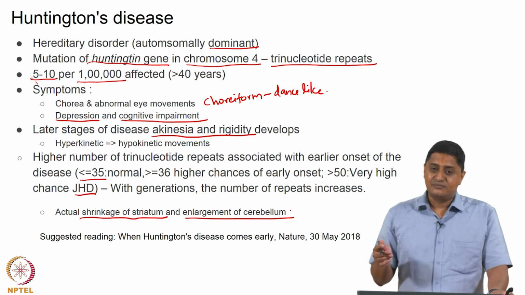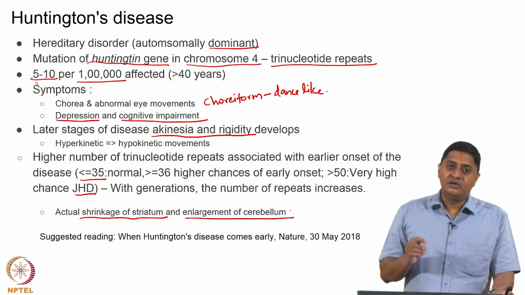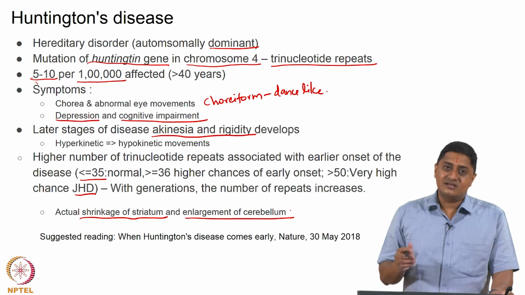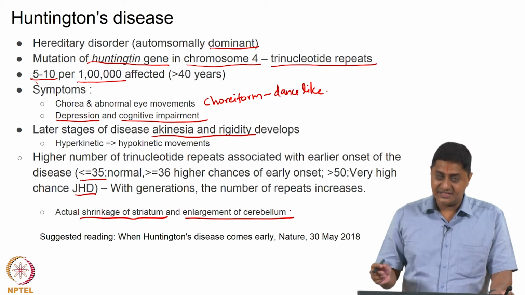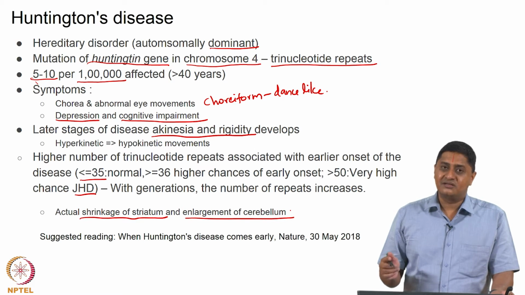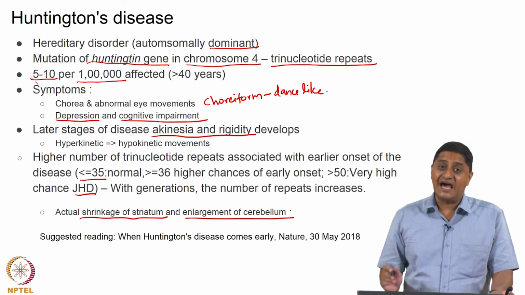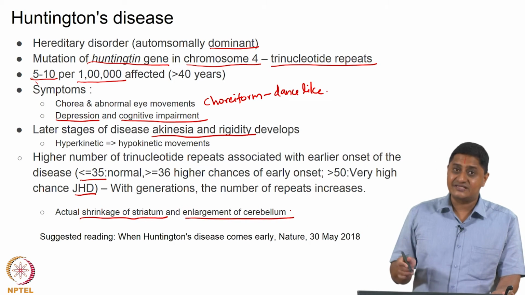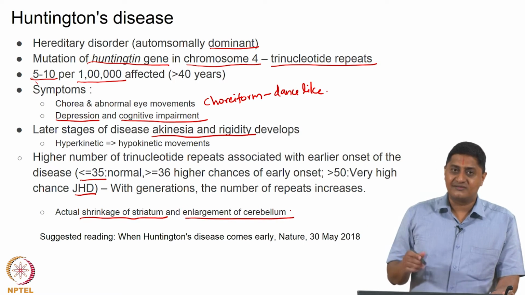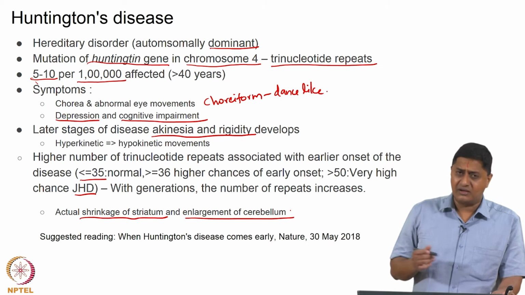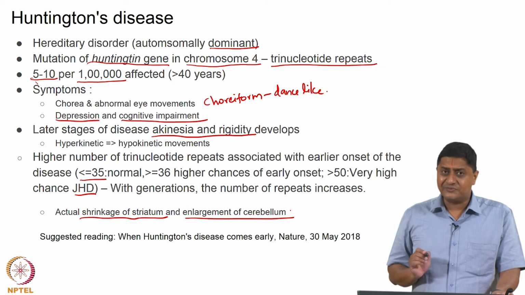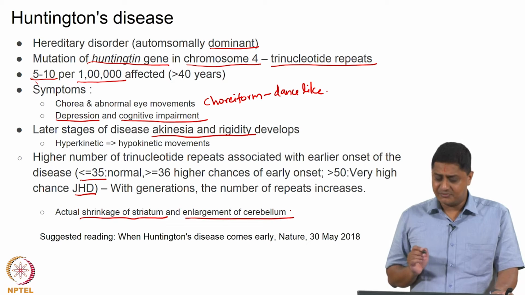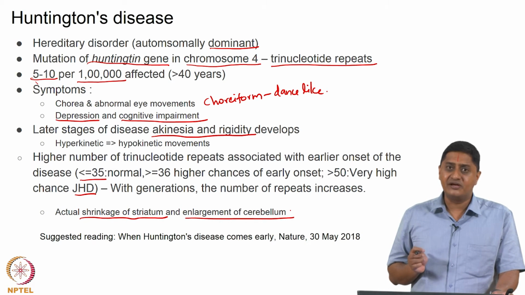So, in other words, people in whom the disease sets in at an early age, like in the case of juvenile Huntington's disease, have a higher chance of directly going to the rigidity form without going through the dance like chorea symptom typical of this disease.